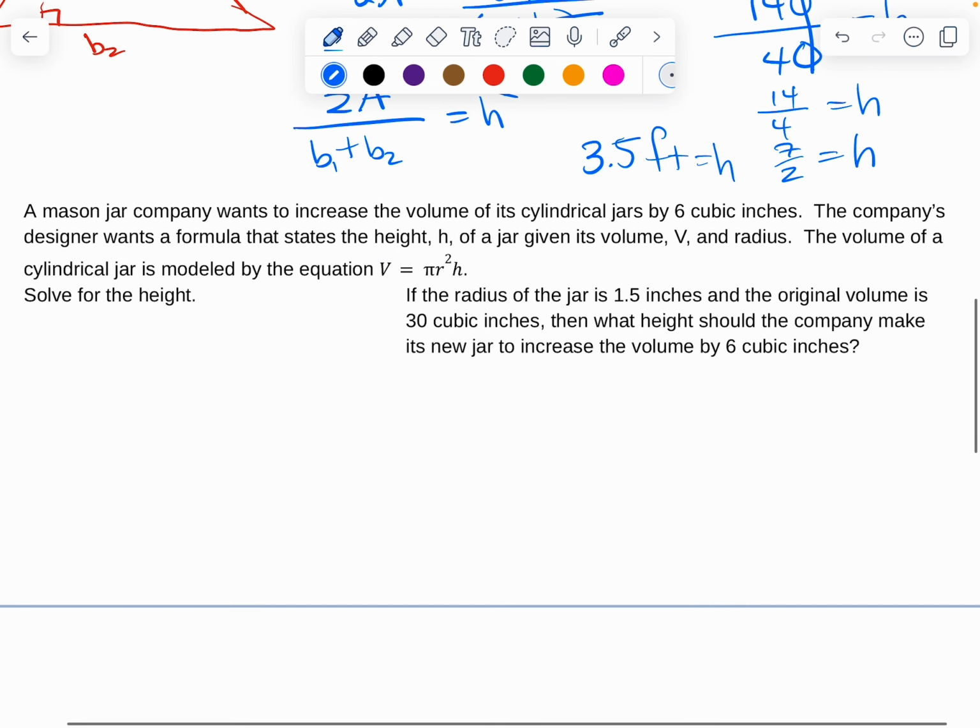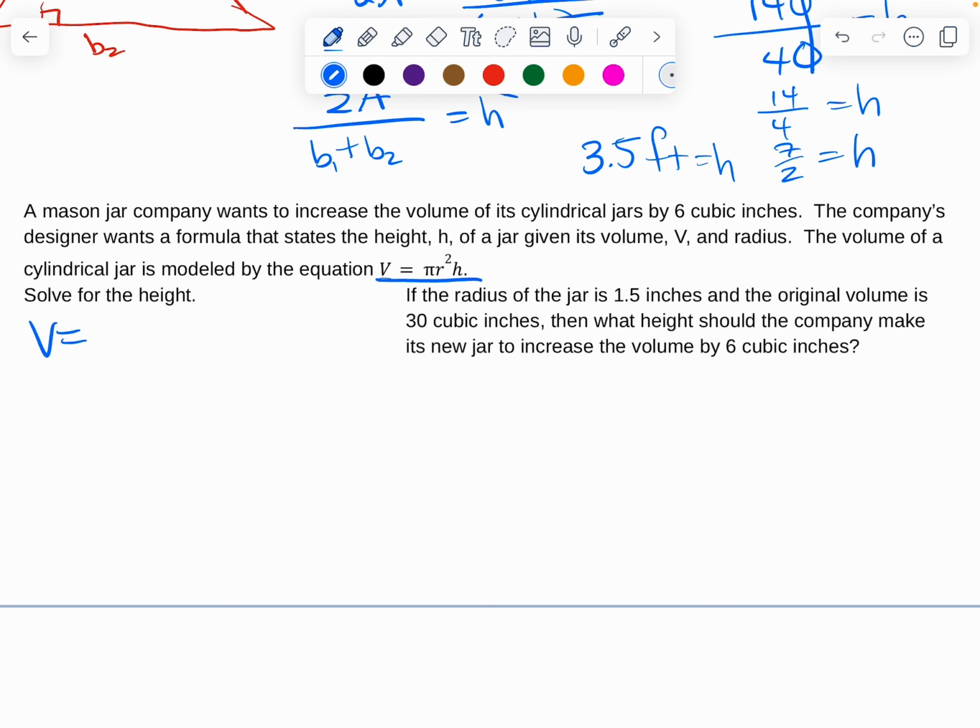Okay, so a mason jar company wants to increase the volume of a cylindrical jar by 6 cubic inches. The company's designer wants a formula that states the height H of the given jar and its volume V in terms of radius. Okay, so this is my formula.